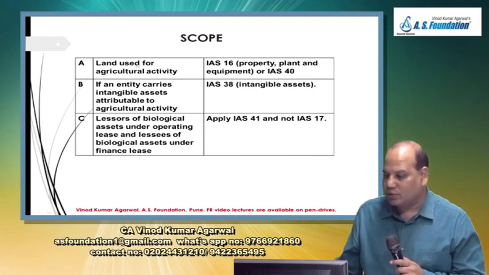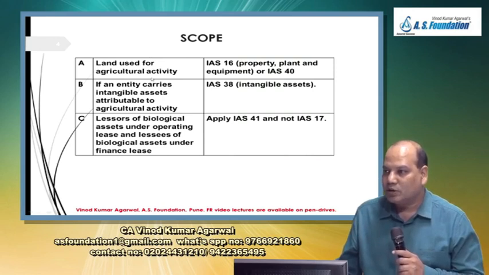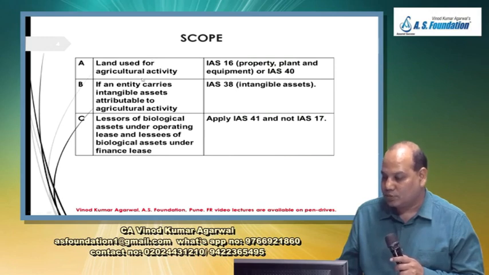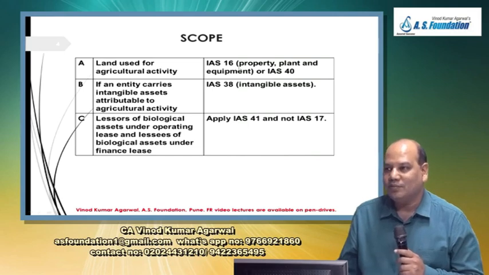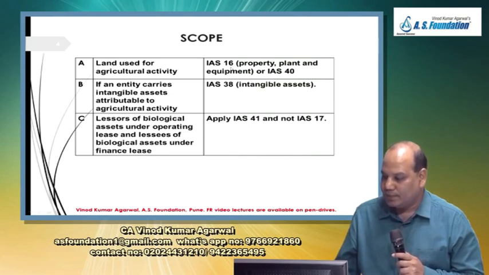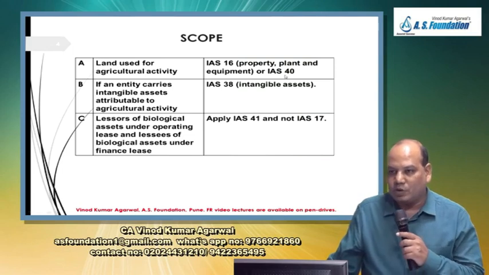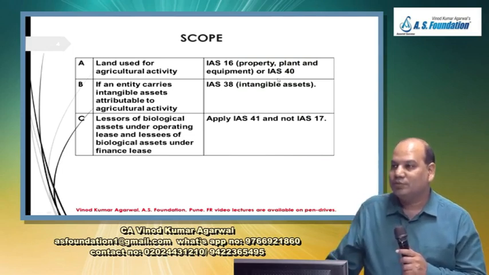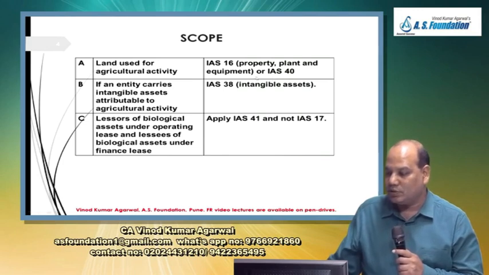Does this standard deal with land used for agricultural activity? The answer is no. So the question they can ask you for a multiple choice question: land used for agricultural activity, standard applicable IAS 16 or IAS 41. So your answer will be IAS 16. Or maybe IAS 40, which is investment property, but not IAS 41 agriculture.